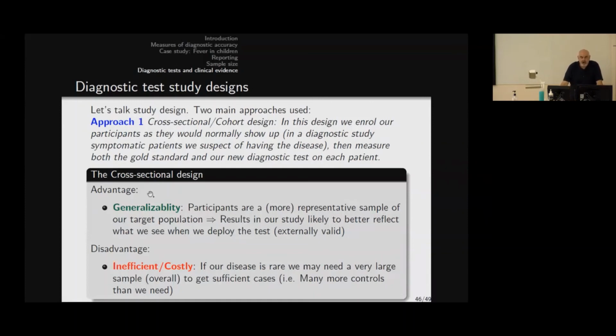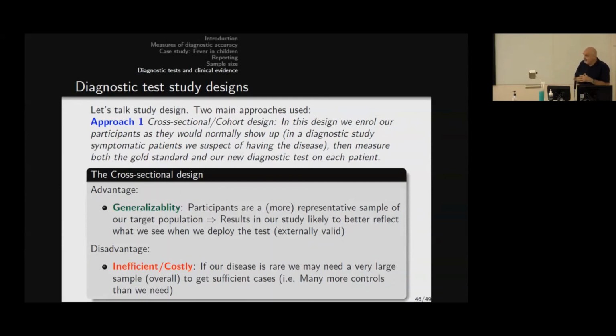The advantage of this approach, of course, is generalizability, because our sample, the people who walk through our doors, should be relatively representative of people that walk through other similar clinics, if they're a similar population. So these results are much more generalizable, particularly with some of our statistics. For some statistics, prevalence doesn't matter.